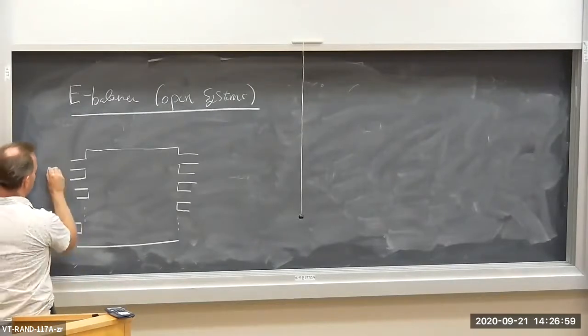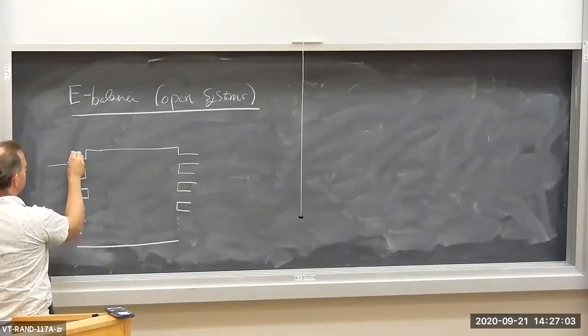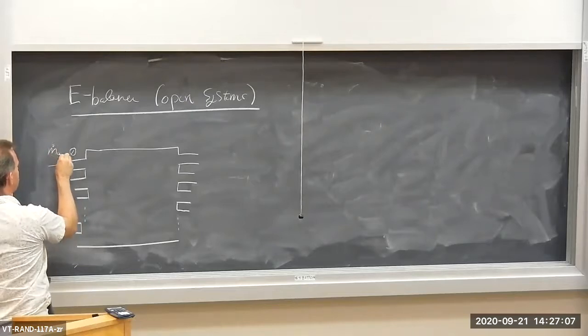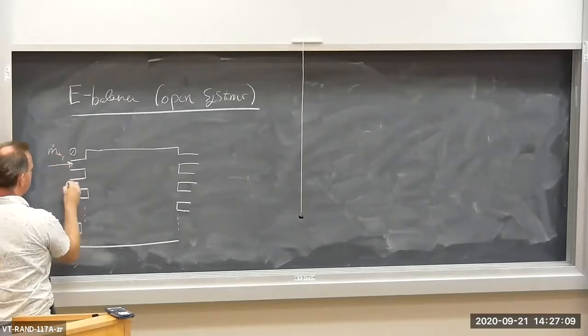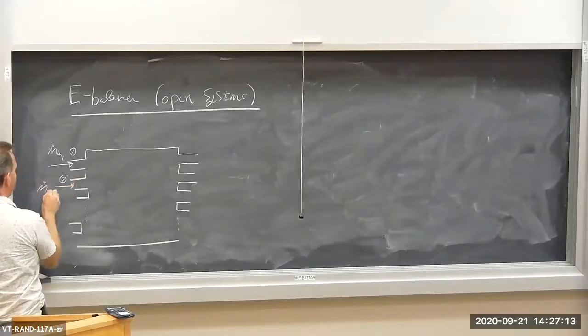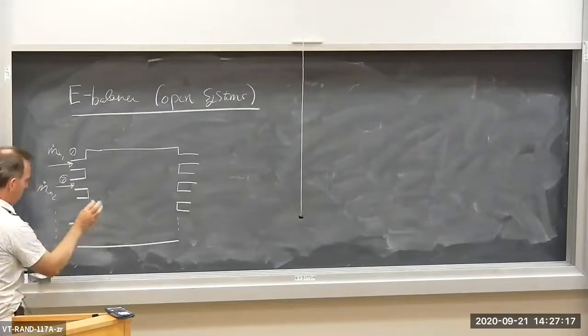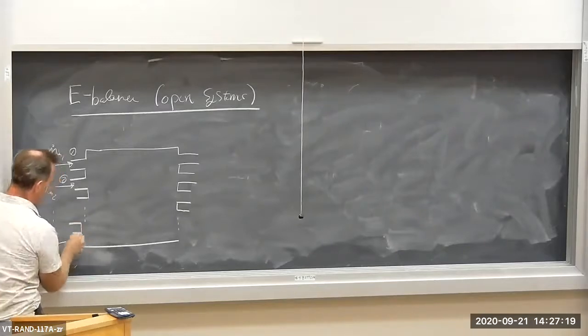Okay, so we got mass flowing in. Maybe this is inlet port number 1. So m dot in 1. Maybe this is inlet port number 2. So we have m dot in 2, all the way down to however many inlets we have.